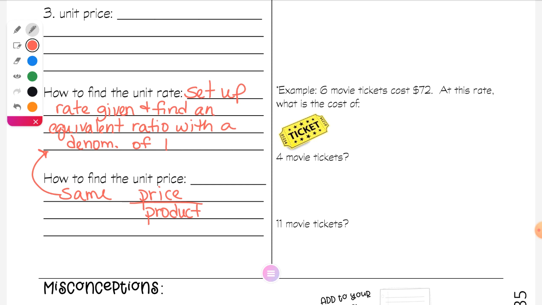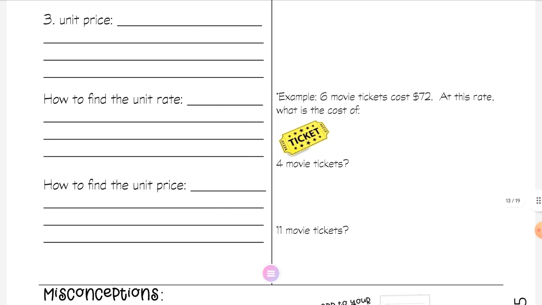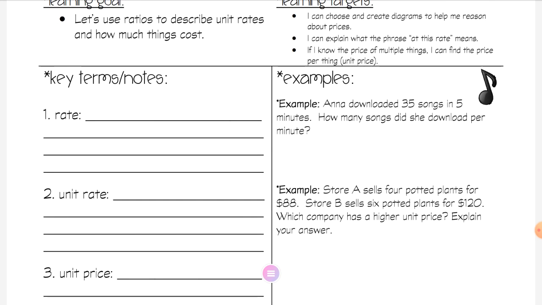Okay, let's look over at the examples. Anna downloaded 35 songs in 5 minutes. How many songs did she download per minute? So, few things we're going to add here. The question says songs per minute.